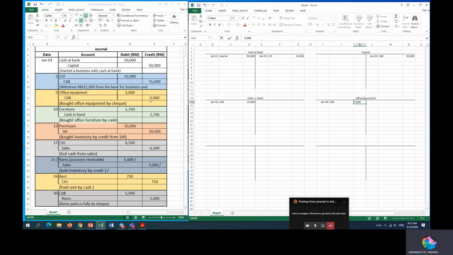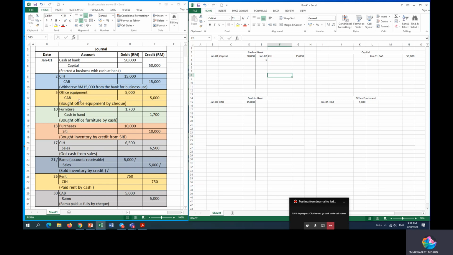Okay, don't forget the debit entry. If you have your office equipment debit, so you should also have the other account credit. So our other account is cash at bank. We have to start with the date first. So January 5th. So we simply have to write down 5. Okay, 5 is to mention the date.